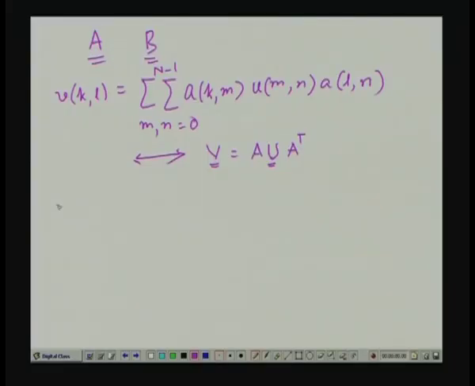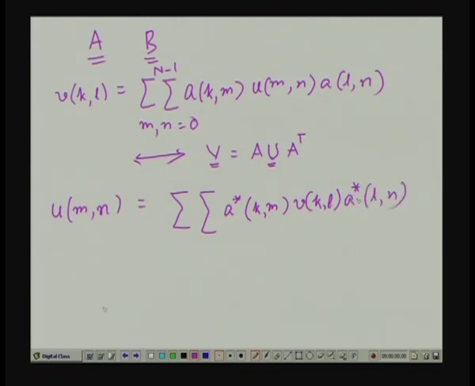The inverse transformation can be written as u_mn equals the double summation of a star_km v_kl a star_ln, where both k and l vary from 0 to capital N minus 1.